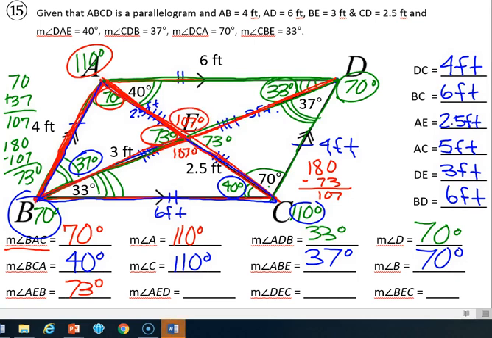This one's 107. Then we've got DEC, which is this angle right here, 73. And then lastly, we've got BEC. So BEC is down here. That's this 107. So hopefully this helped you guys to clarify where the angles are and how to find them.